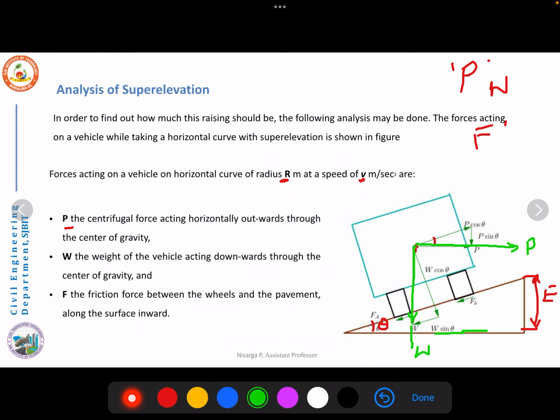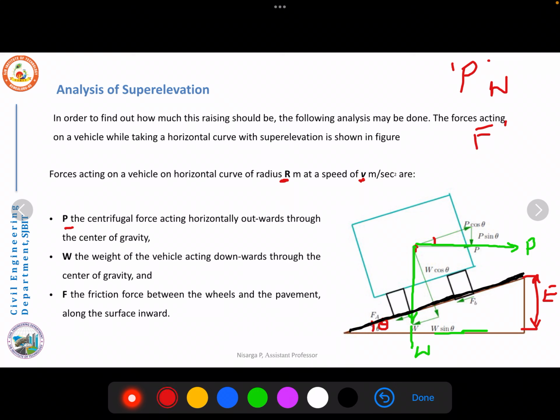But now, to analyze the superelevation, we have to consider the force components perpendicular to the pavement edge. So this is the pavement edge. Now we have to analyze the forces with respect to the pavement surface.